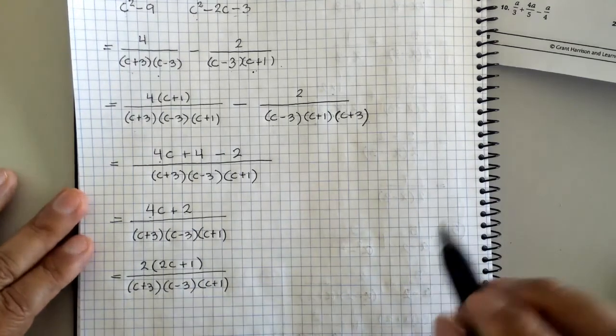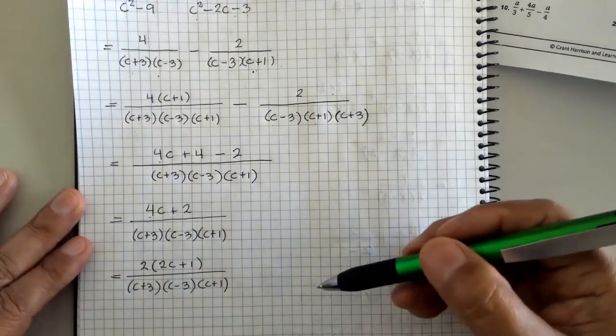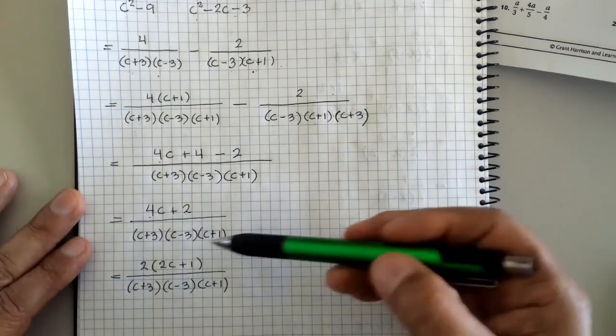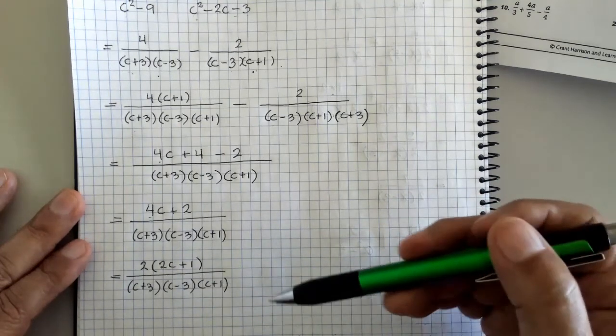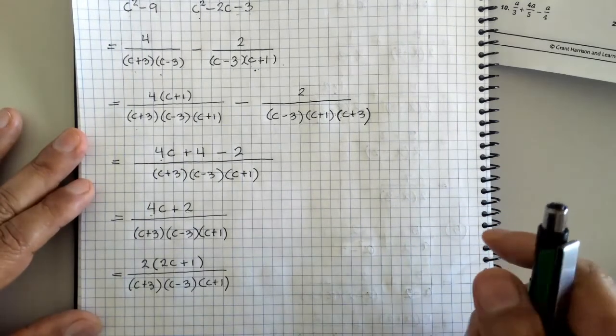Okay, so when doing this, you have to express the answer in simplest form. So that means that you need to factorize until you have the answer fully factorized. Okay, so that is question 6.